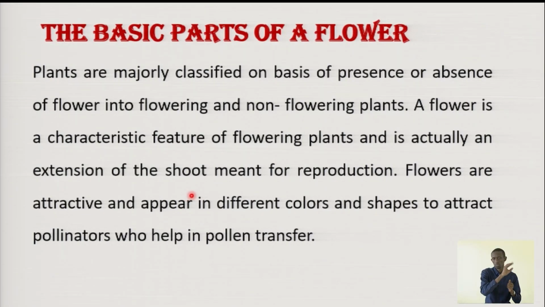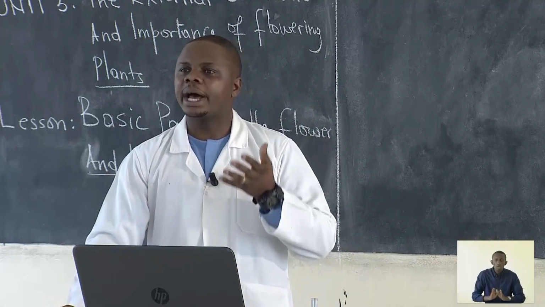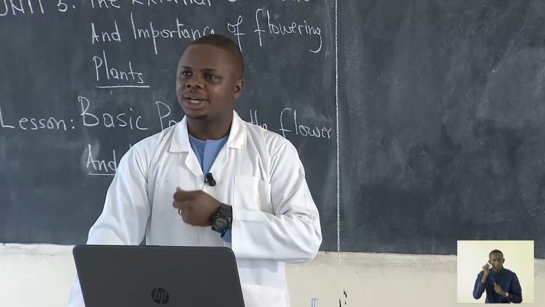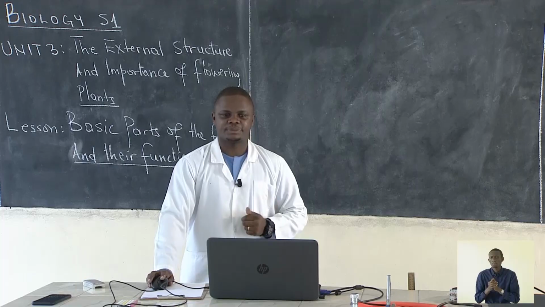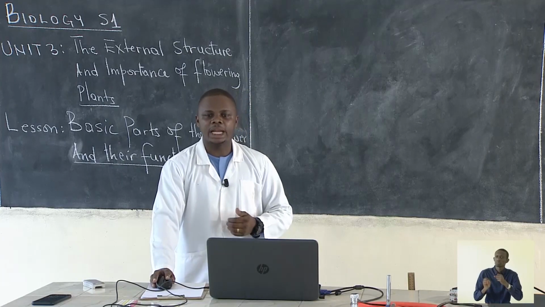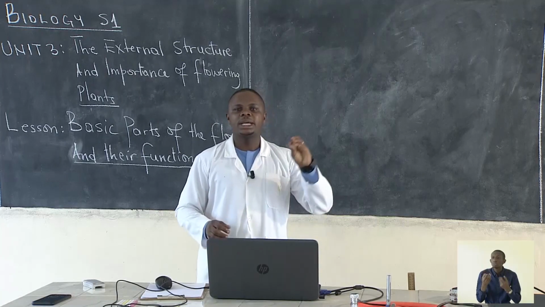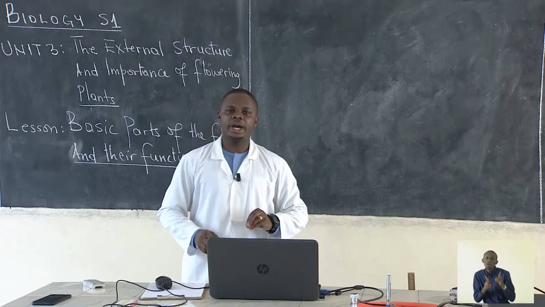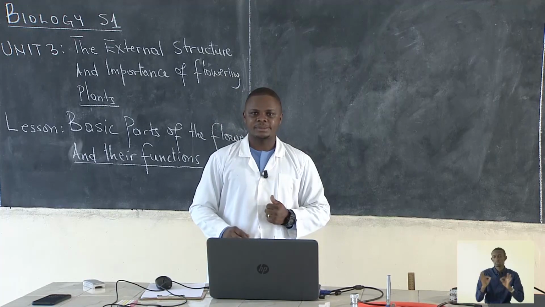It is also meant for reproduction. Remember, when we talk about shoot system, we mean upper organs of the plant. Of course, organs which are not in the soil, like roots. Then, flowers are attractive and appear in different colors, different shapes to attract pollinators. Those are organisms which come to pollinate plants.